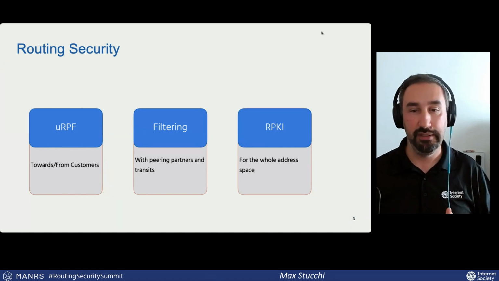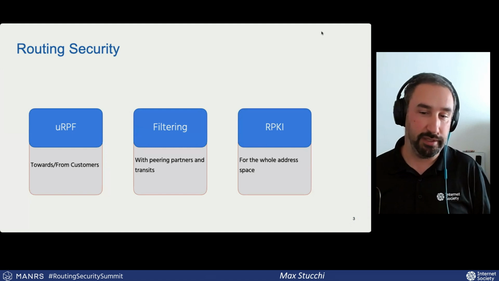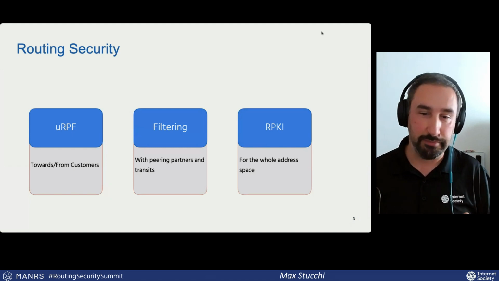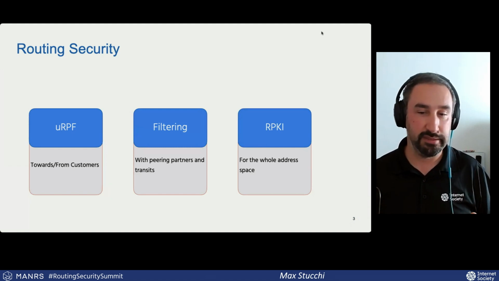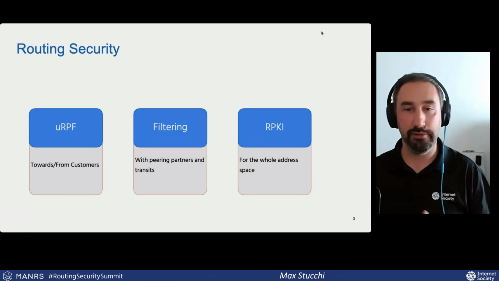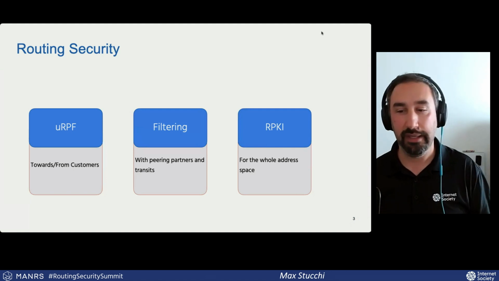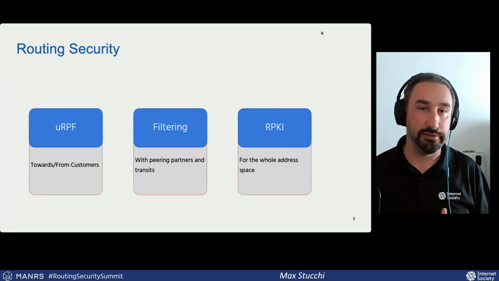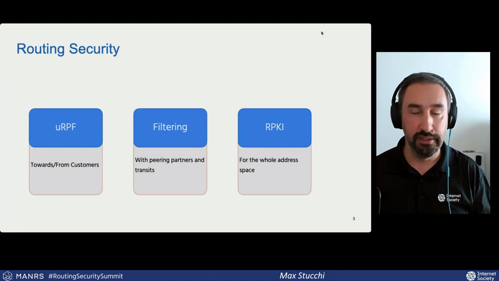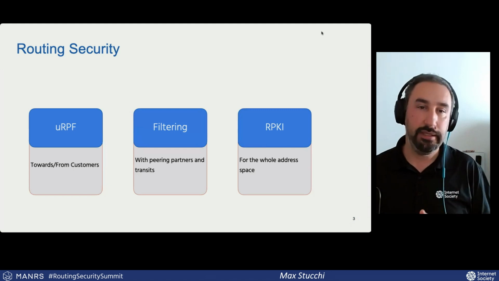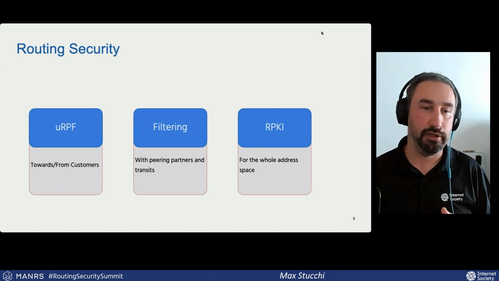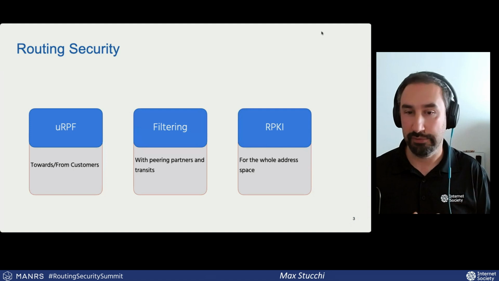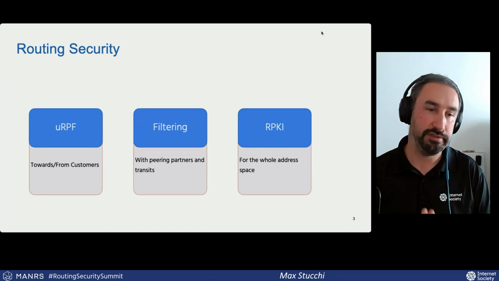Then we have another pillar that is filtering, and that's something we apply with peering partners and transits. And in our growth path, we get to RPKI, which is something we can apply to the whole address space we see on the internet. So these are the 3 main areas we can concentrate on when we want to discuss routing security.